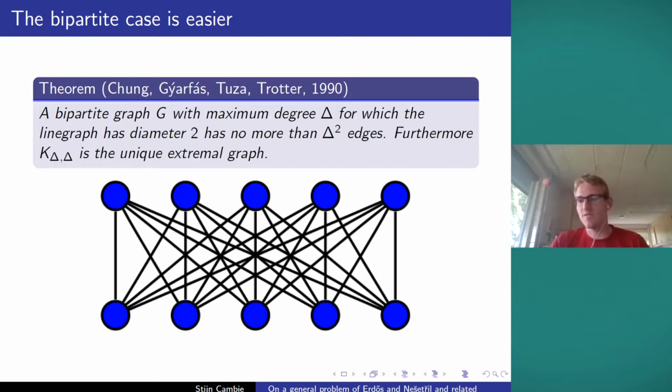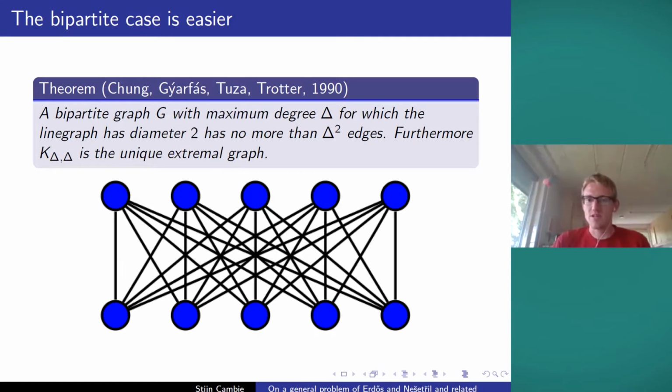So they proved that if you have a bipartite graph with maximum degree delta, for which every two edges share a vertex or are connected by an edge, there can be no more than delta squared edges. And there is only one unique extremal graph, which is the complete balanced bipartite graph on 2 delta vertices. For example, when delta is 5, it's presented here.